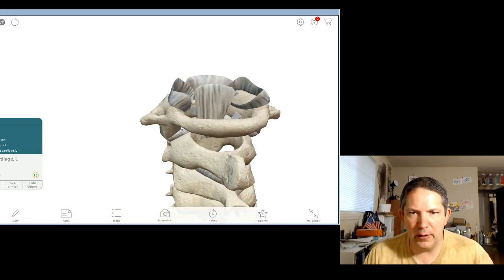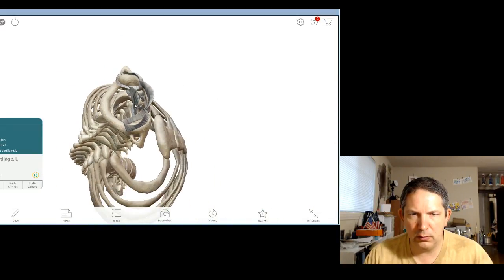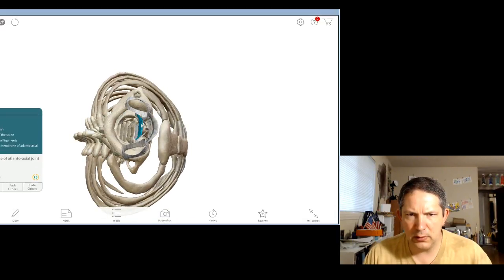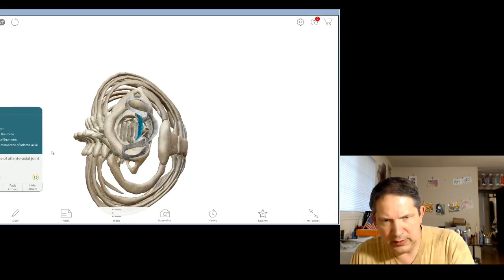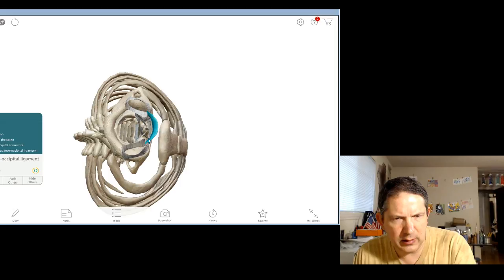Instead of a body, how can I get the right view here? Zoom out. Instead of a body, there are several ligaments here, and I kind of want to keep one of them to show you, the anterior.